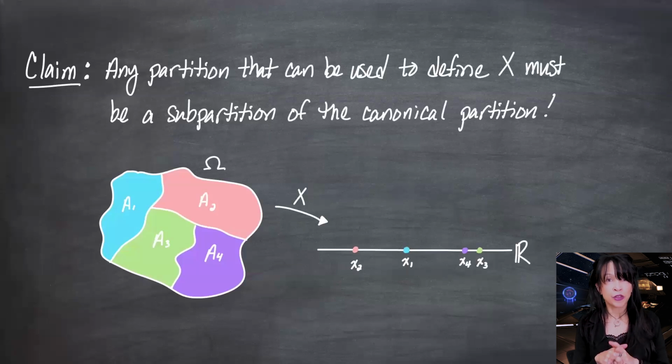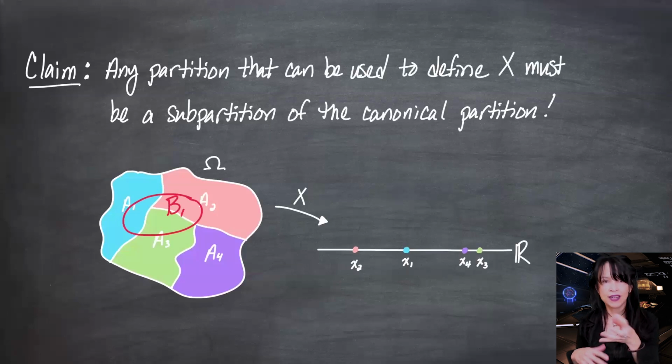Suppose I have another partition, capital B1 through capital Bm. What I'm saying is that the B sets have to be completely contained within the A sets, because if not, so suppose you have B1 looking kind of like this, then you can make that same argument. If you grab an omega in this set omega, if it's in A1, then it has to map under X to little x1. And if it's in A2, it has to map to little x2.